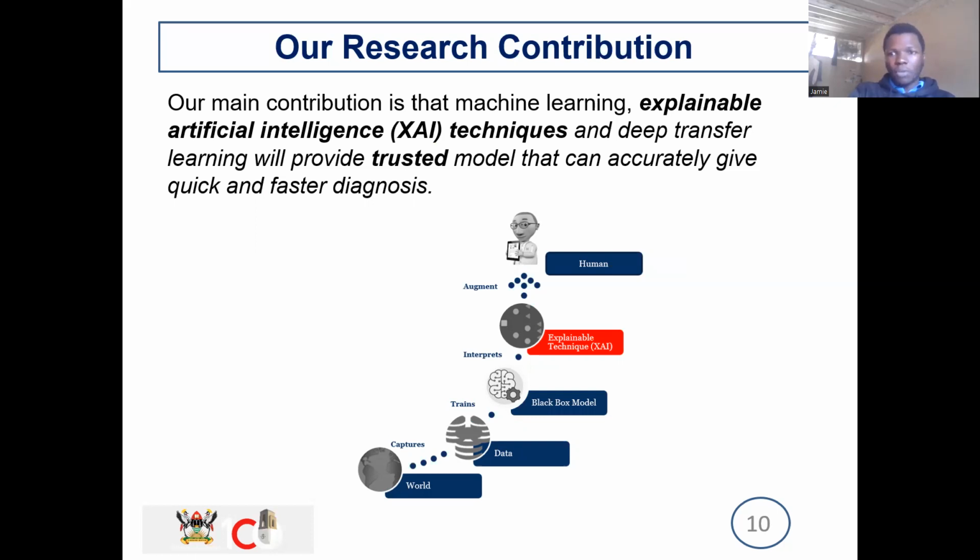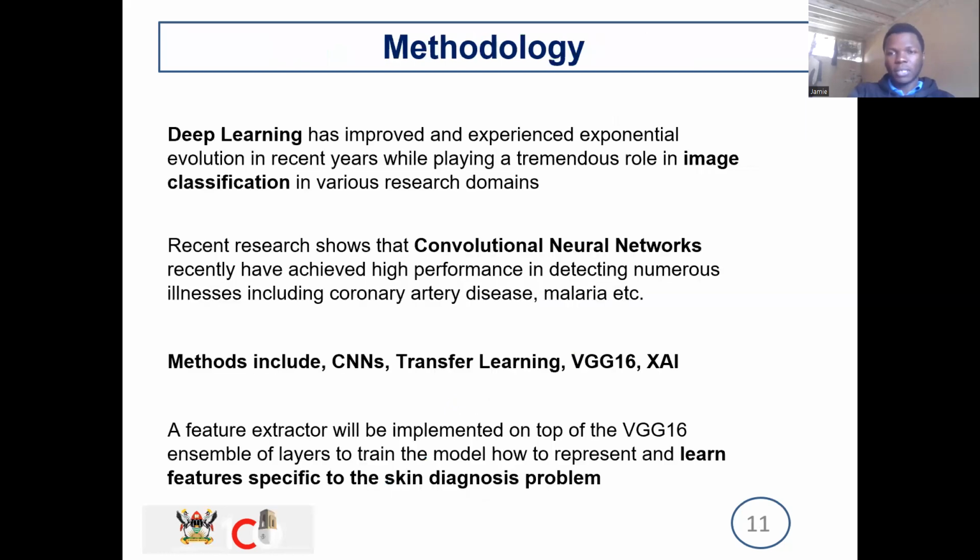We'll obtain data from the world and use it to train a model, and then we'll use explainable AI to provide interpretable and explainable information that can be understood by users, represented in the form of graphs or clickable UIs that are understandable by human beings.